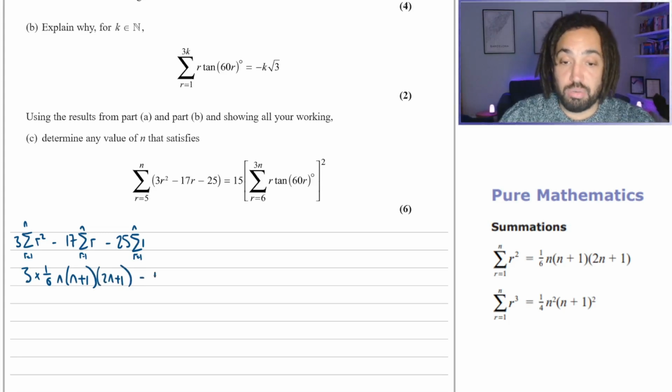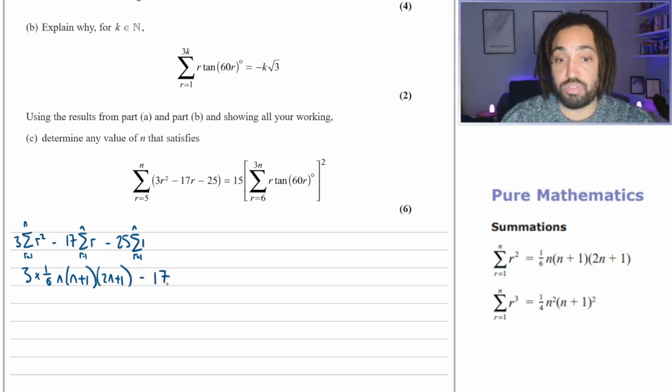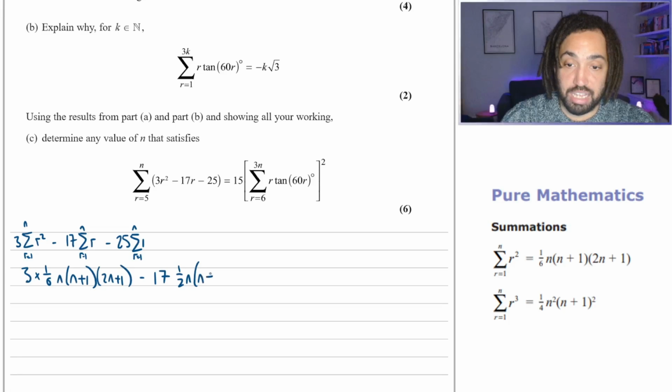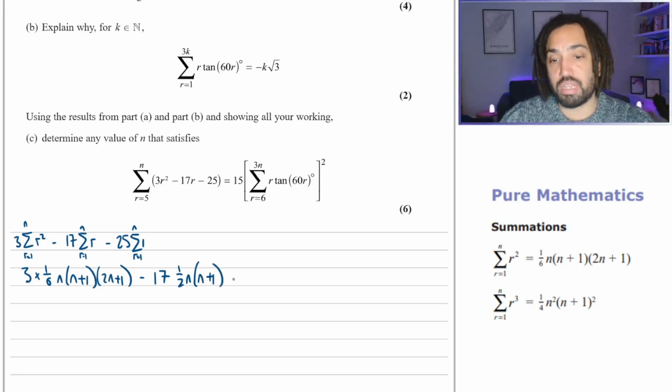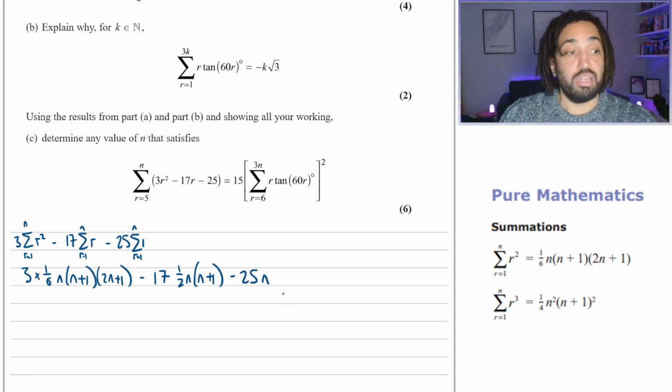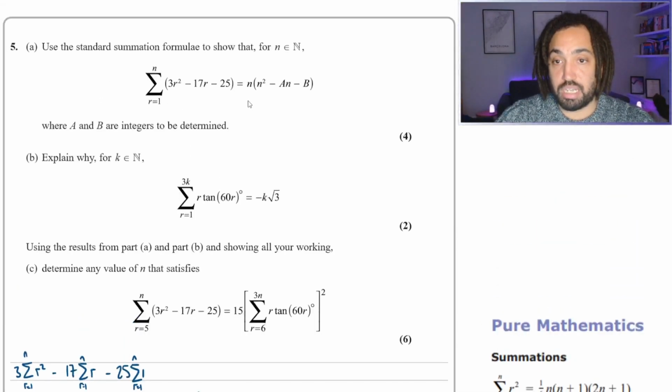And then we're going to take away 17 lots of r, which we have to know, but that one is a half n plus 1. And minus 25 lots of 1, which is just n. Okay, and what particular form did they want it in? Just an n on the outside, factorized out.